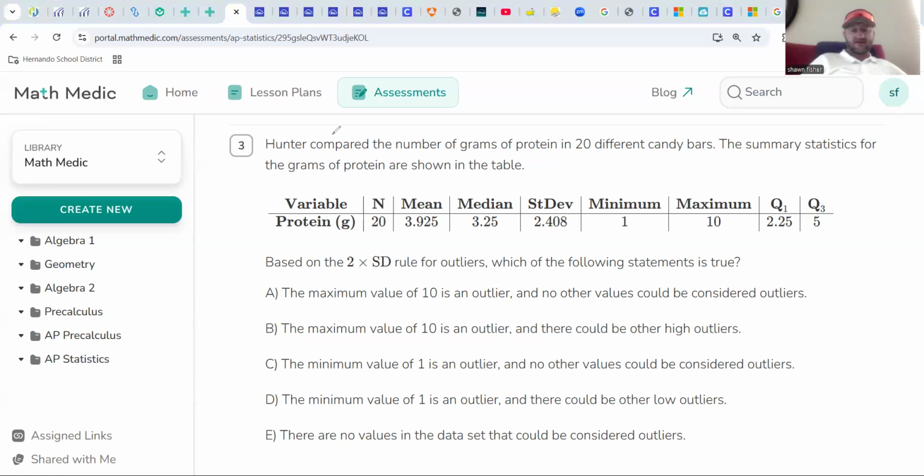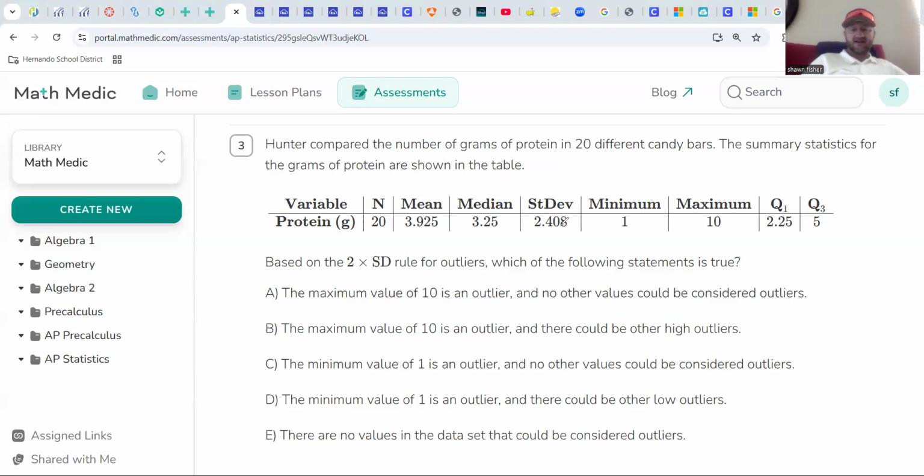Hunter compared the number of grams of protein in 20 different candy bars. So I've got a sample of 20 candy bars, and how many grams of protein are in each? Well, I got a mean, I got a median, standard deviation.